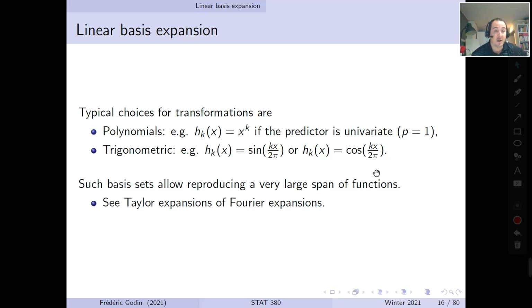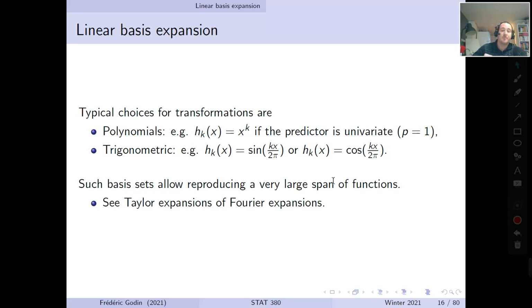But we're going to discuss that such a set of transformations can allow us to capture a very large set of potential relationship shapes between the response and the predictors, which is due to what we call Fourier expansions of some functions.